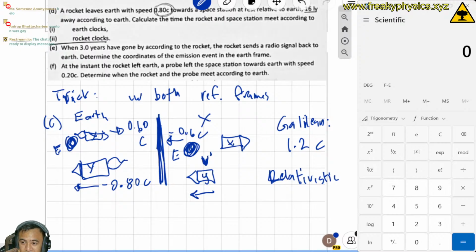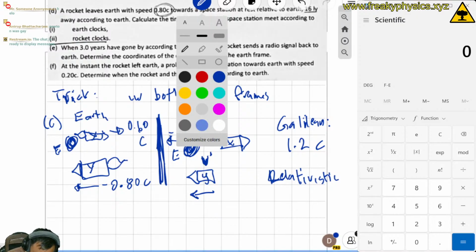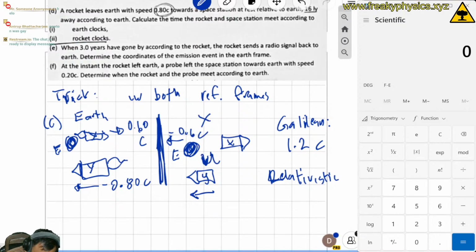Can check the data booklet here. Relativistic velocities, that's still in A. Where's the V? U prime. In this case, we will change this to U. We will label this U as well. So U is there, and this is going to be U prime.